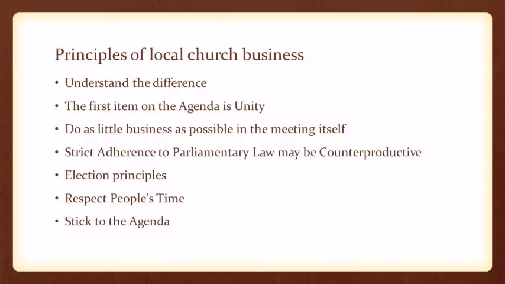This is what the majority voted to do, but you can cause more harm to the local church by doing what the majority ruled to do than by not doing it. Even such minor items as the repair of the furnace are part of the Lord's work. And as far as possible, the church should be united in its program on these small matters. Let me say, the first item on the agenda is unity.